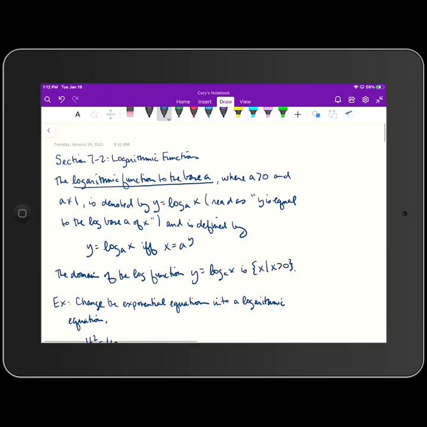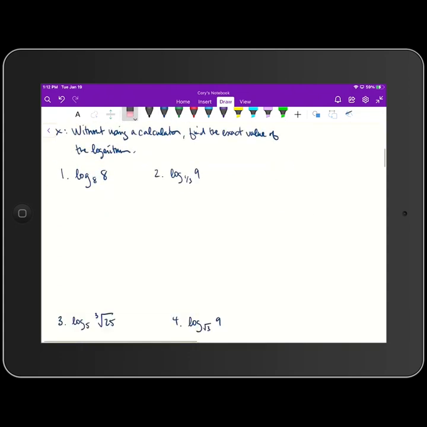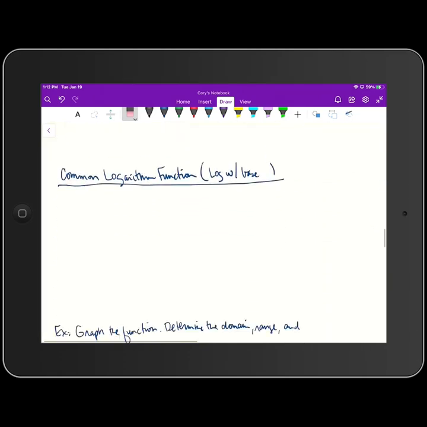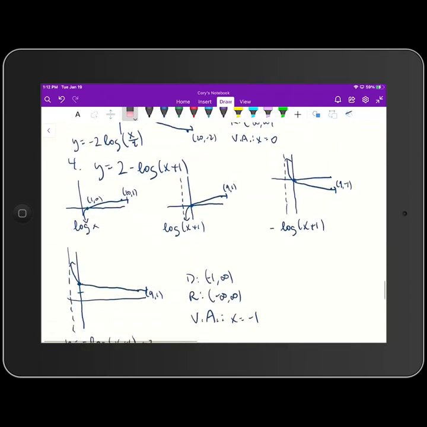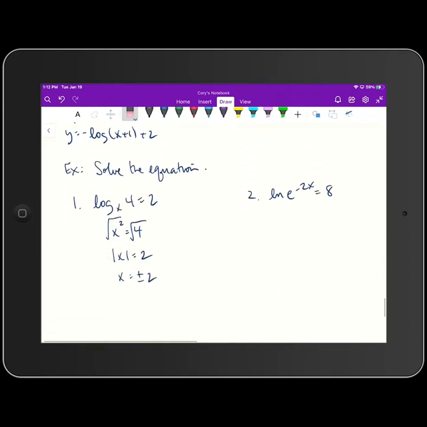So when you look at your log base here, it has to be positive and it cannot be equal to 1. So that means that the negative value that we found for x down here, we have to throw that value out. So the only solution we get here is when x is equal to 2.